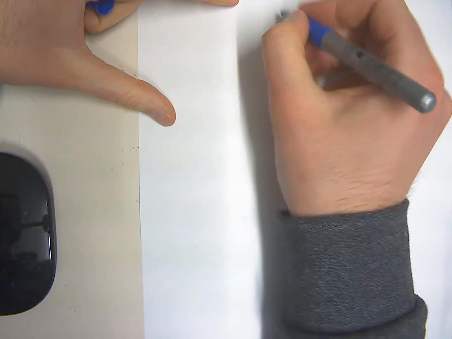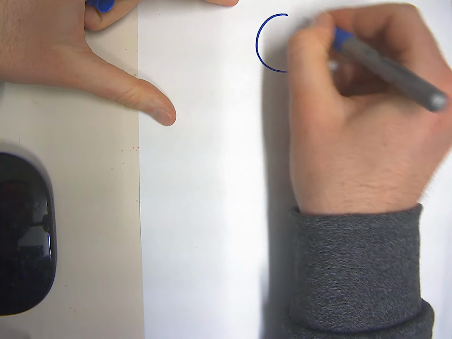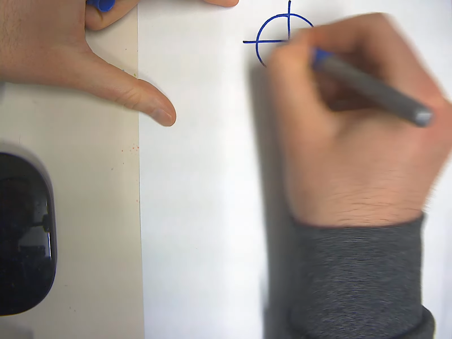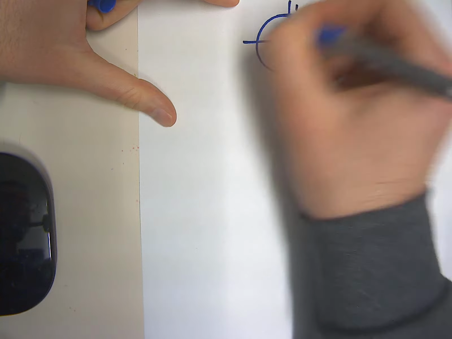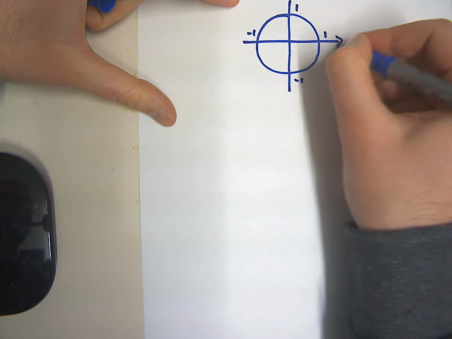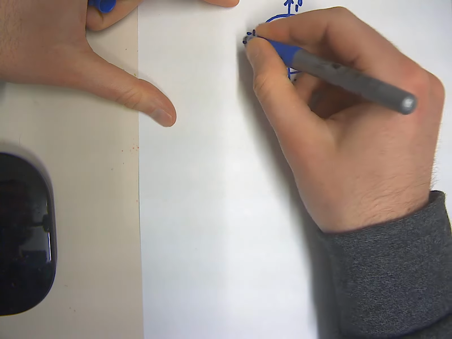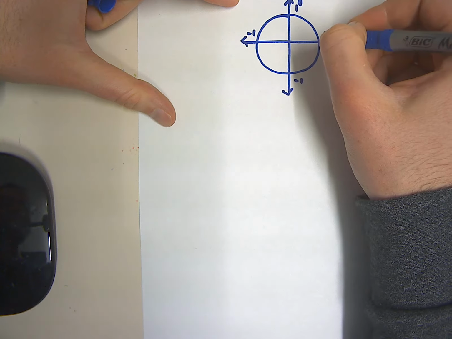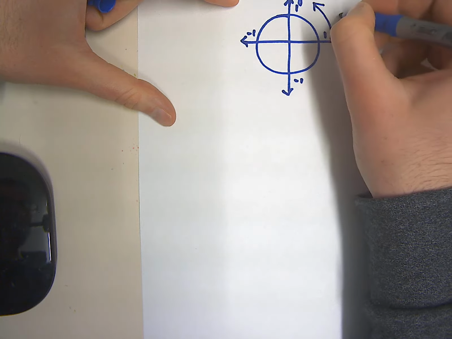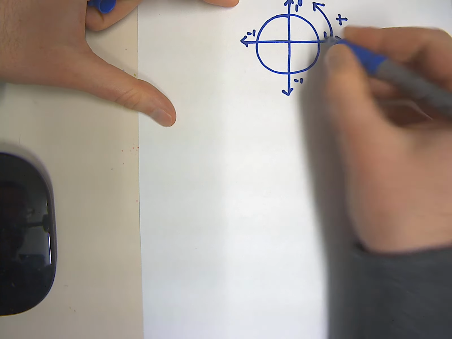So if I take a unit circle like this, from the positive x-axis to go this way is positive angles.